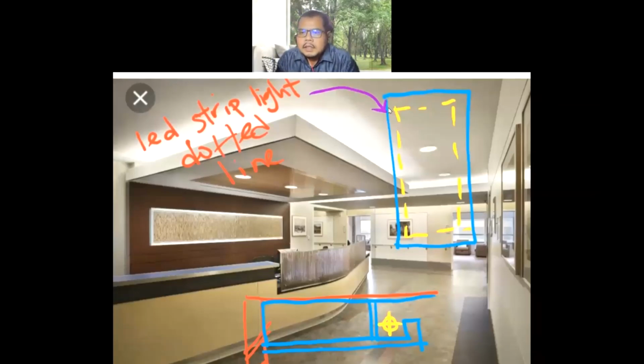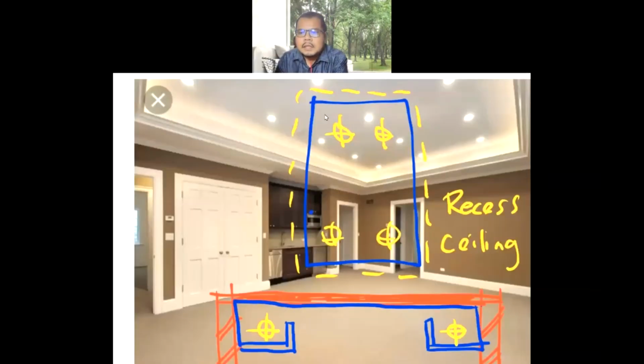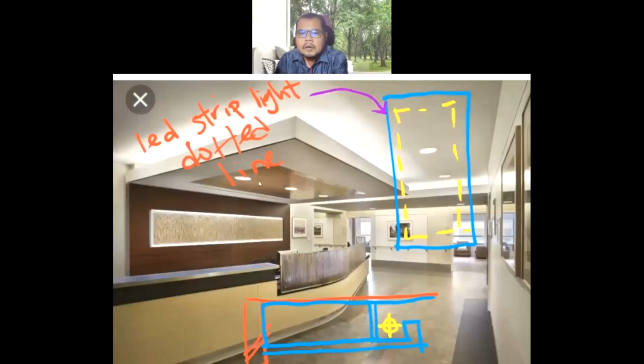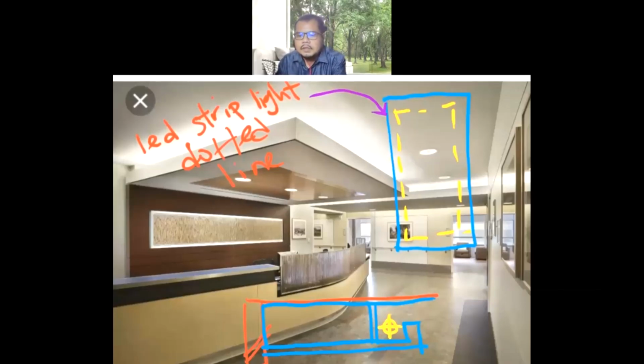So you can see the yellow dotted line is the hidden light. Jadi, this is the recessed shielding, so the LED light is at the outer part of the lines. For the drop shielding, the LED light is within the shielding lines. So this is the difference.